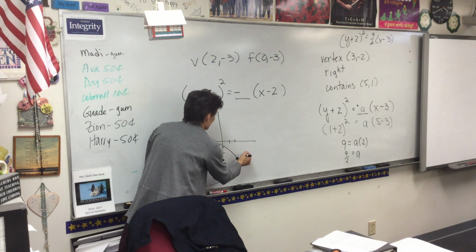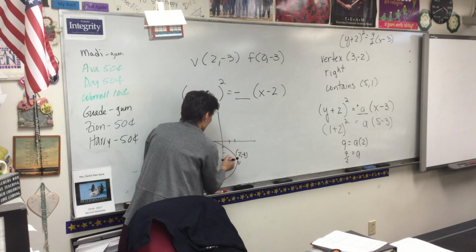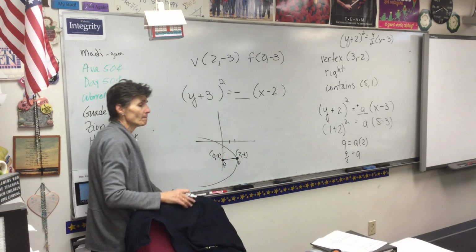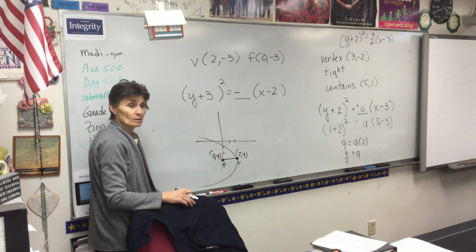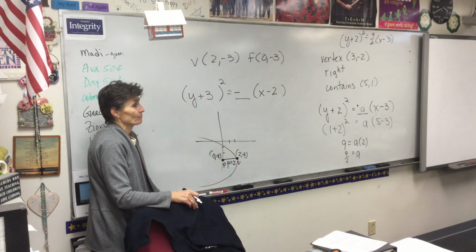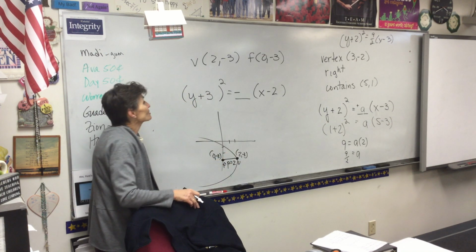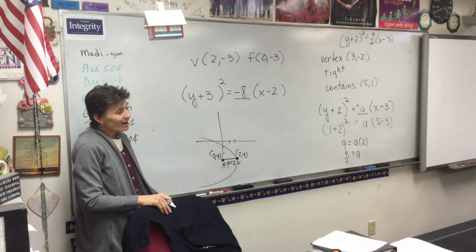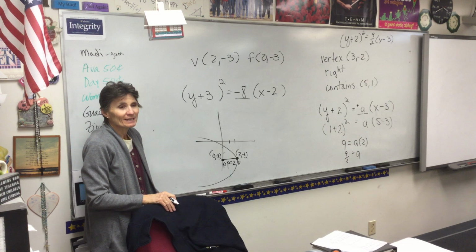This is the point (2, -3), and this is the point (0, -3). How far apart are they? 2. So that's P. P is 2. So this number has to be a -8. Why does that number have to be an 8?